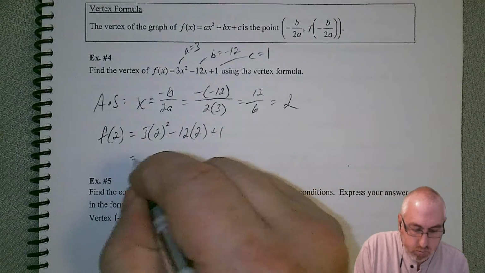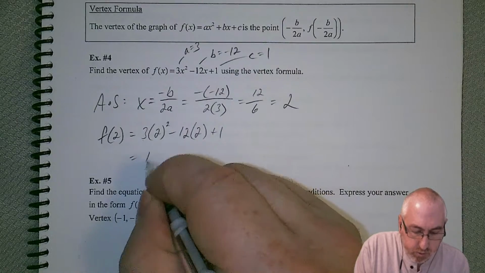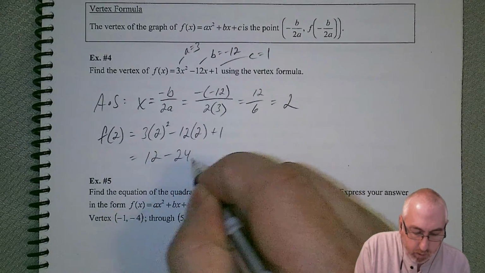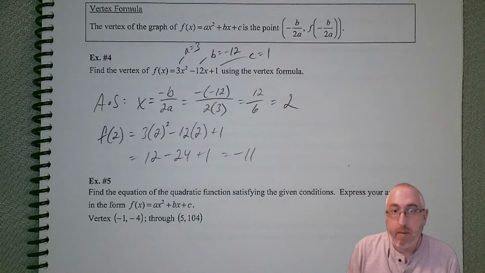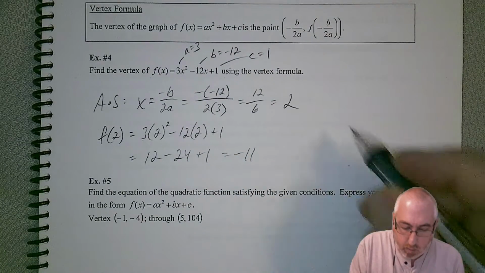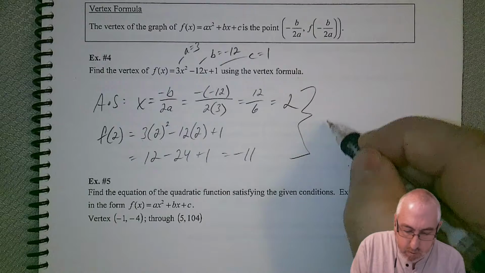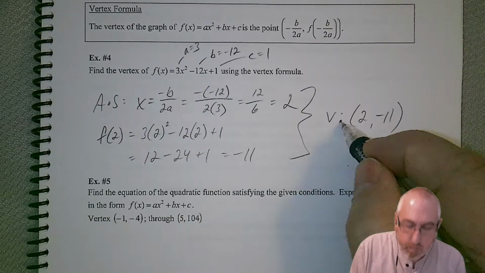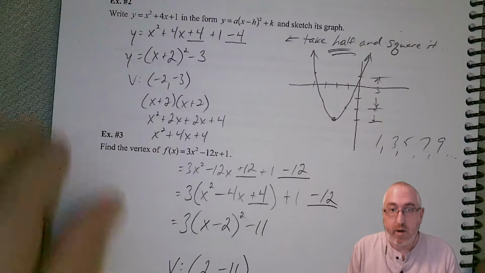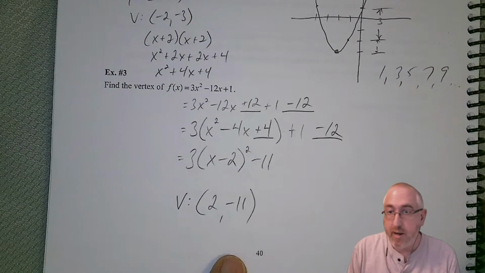So 3 times 4 is 12, minus 24, plus 1, which equals negative 11. So put it all together, we have our vertex, which was the same thing we just found over here. So 2, negative 11.